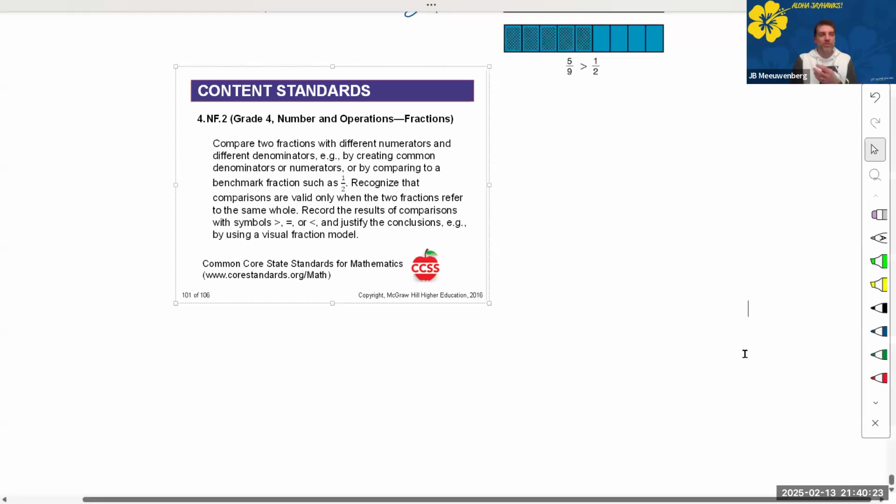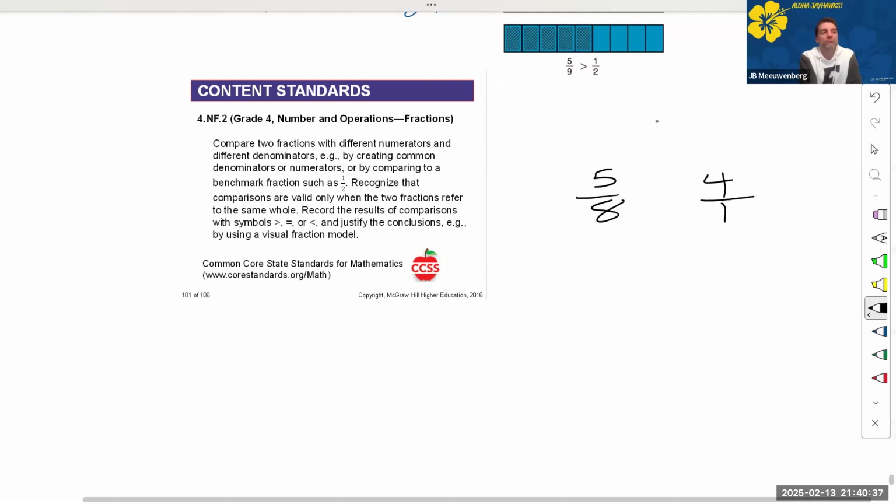So we can not only compare numbers to 1/2, but we can also compare them to each other through 1/2. What do I mean by that? If I give you 5/8 and 4/11, and you want to know, is this greater? Is this less than? Which one is it? If you compare them individually, both to 1/2, I think you'll figure it out.